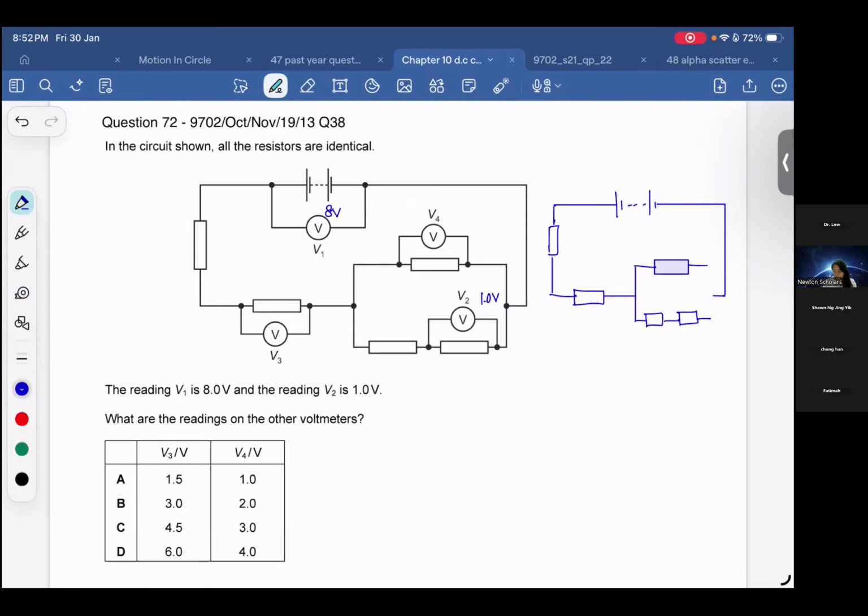If you rearrange the circuit, will it be easy?